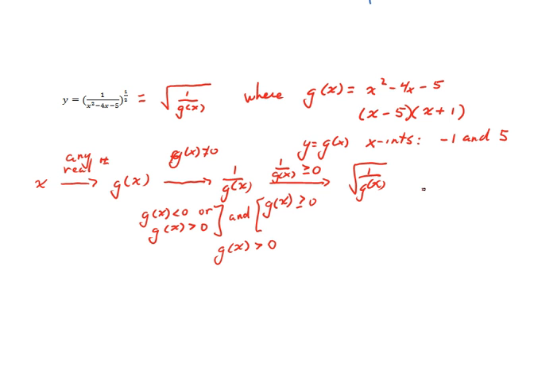So when we draw our graph this time, we're looking for where the parabola is above the x-axis. Here's -1. Here's 5. Opens up because the leading coefficient is 1.